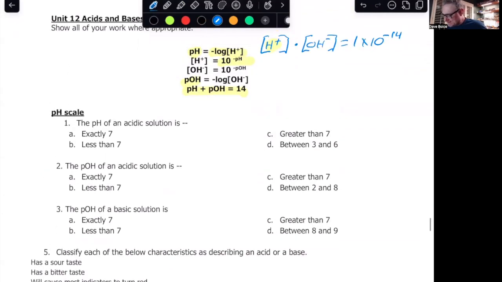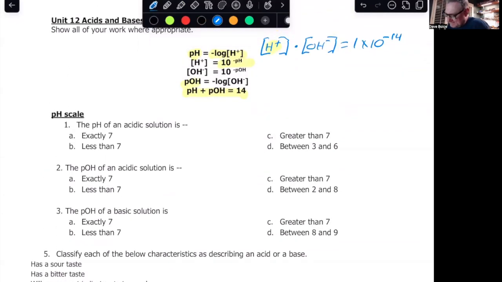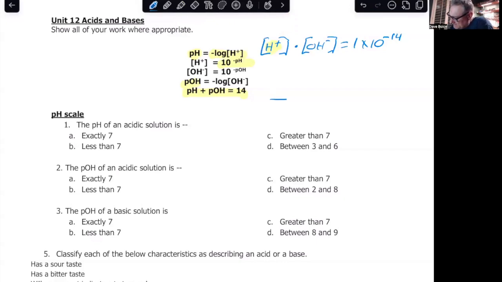So, the pH scale. You've got to remember pH and pOH are opposite of each other. So let's take this as being a pH scale. Right here, dead center is 7, and you can go from 0 to 14. Let's just say on the top here, this is pH.